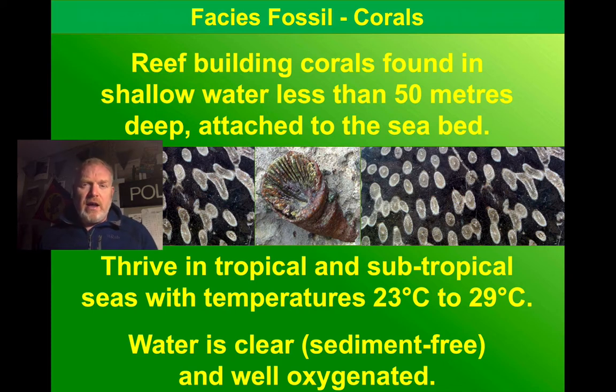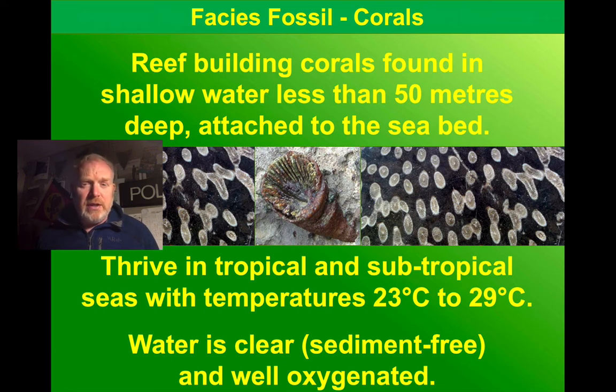Because they are attached to the seabed, they don't move around. Those conditions have to exist in that particular place for the corals to exist. We also find them in tropical and subtropical waters. They've got a very narrow temperature range of water, 23 to 29 degrees centigrade.